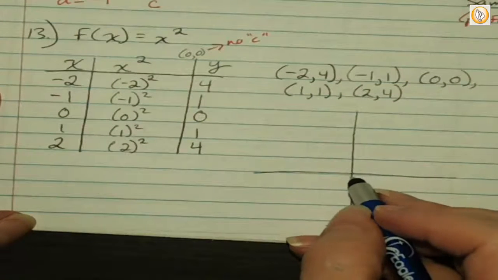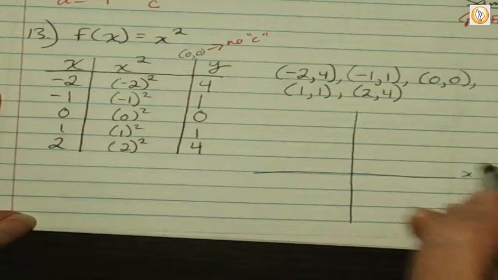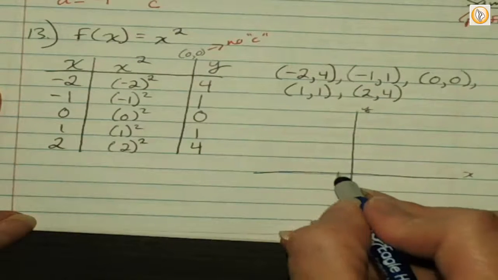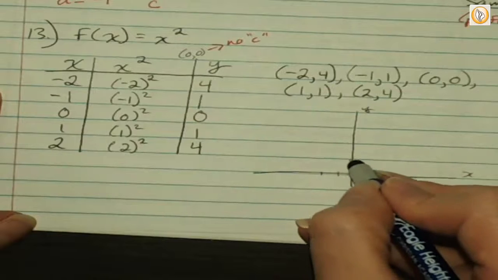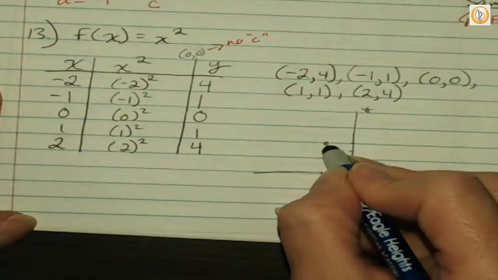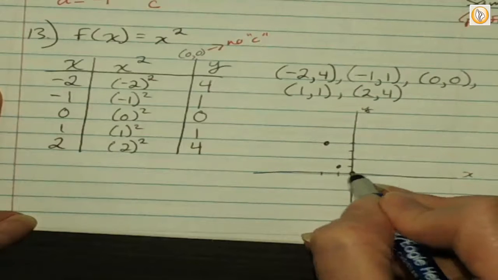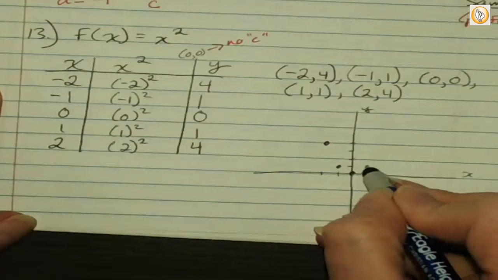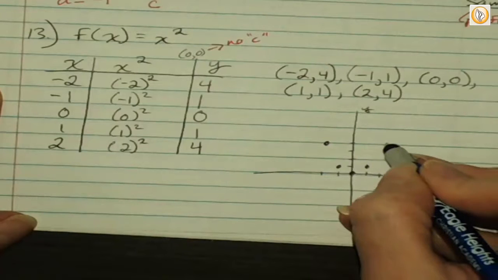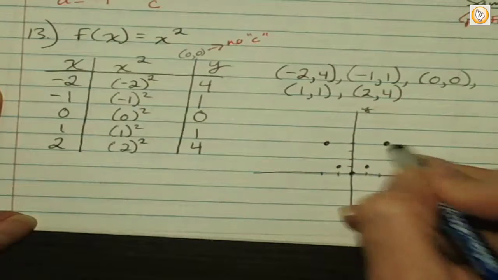Don't forget which goes first, x and y. This is my x, this is my y. 1, 2, and then up 4. 1, 2, 3, 4. -1 and 1. 0, 0. 1 and 1. And then 2 and 4.